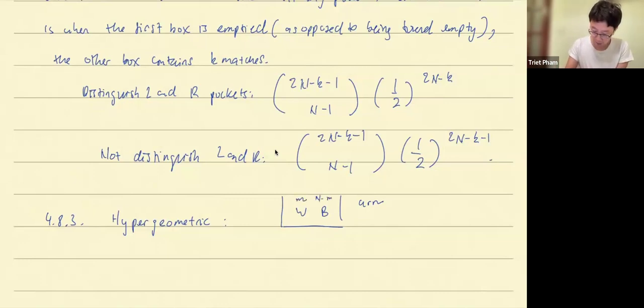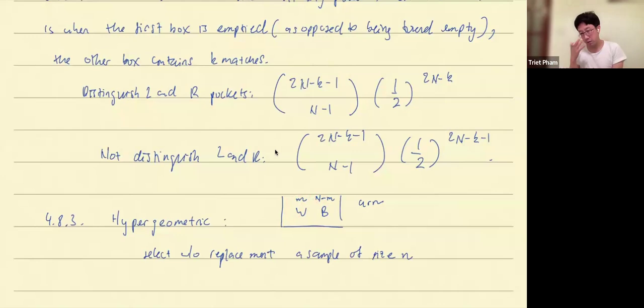And so it's given however you want it. But here the total is given. So if M is white, then N minus M is black. So that's the composition inside the urn. Then you select without replacement a sample of size little n. So that's the experiment. You basically just select without replacement from an urn with 2 types.